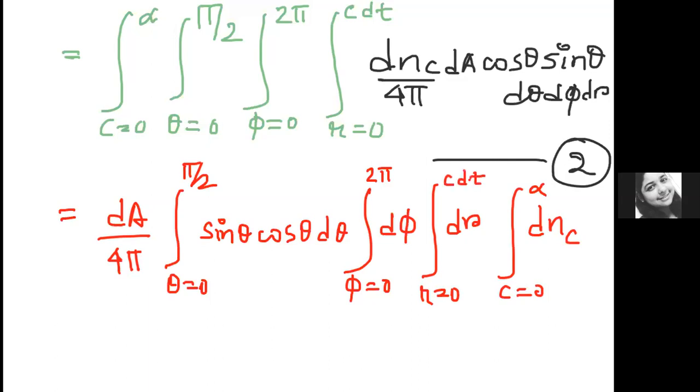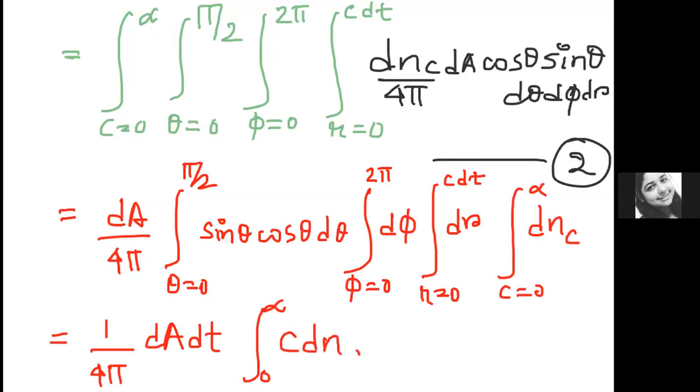I hope it's all clear to you. Then we can write 1 by 4 pi dA dt, and you have c dn_c.